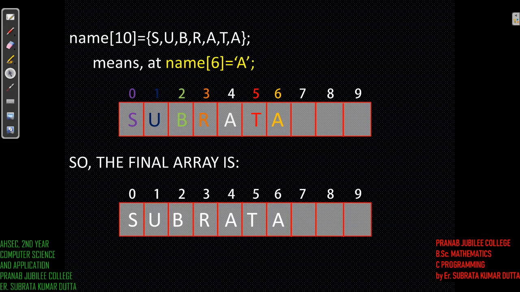Now think, in the last program, or in this program, what we have done is we have made it a static variable, you can say. That means the users cannot give input on their own. Whenever someone runs the program in the front end, it will always show the output SUBRATA, because in the back end, as a programmer, I have fixed it.